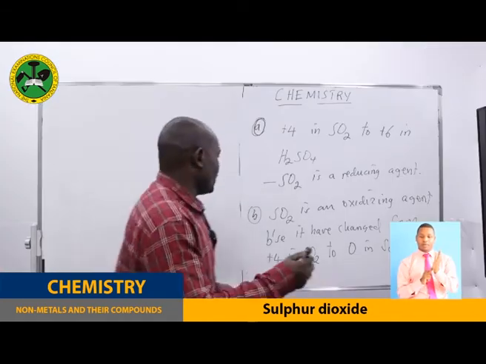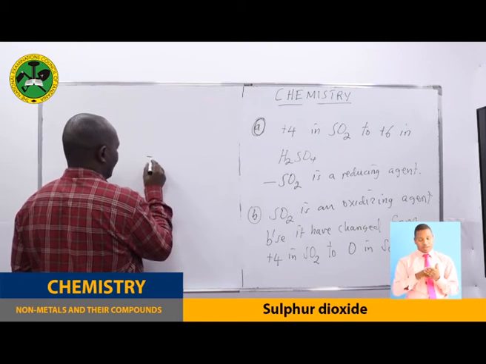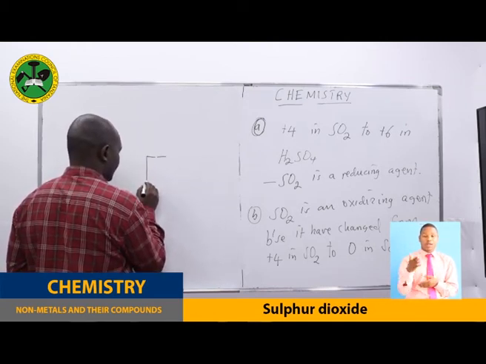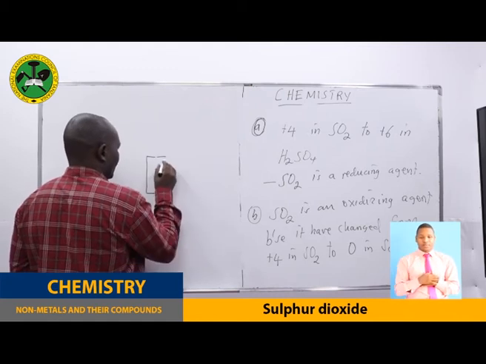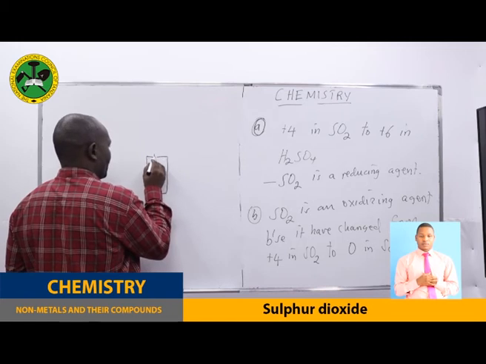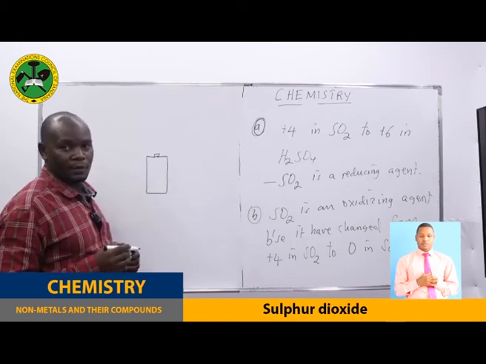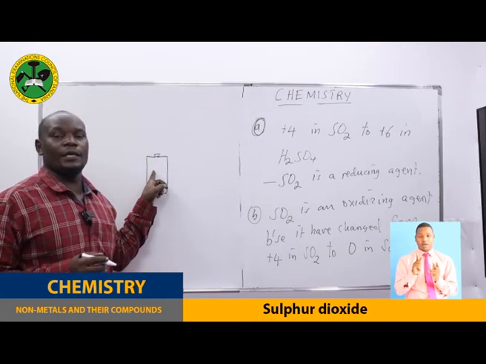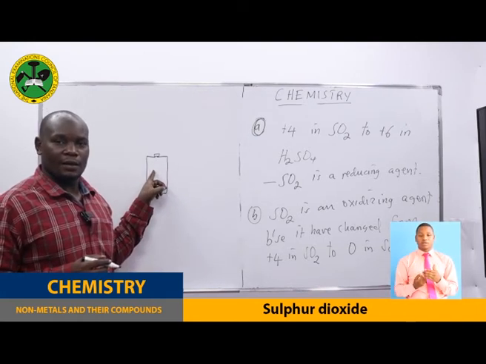Here it means that if this is a gas jar, then the mouth of gas jar is there. Then a piece of paper is placed here. That means we are testing if the gas is full in a gas jar.